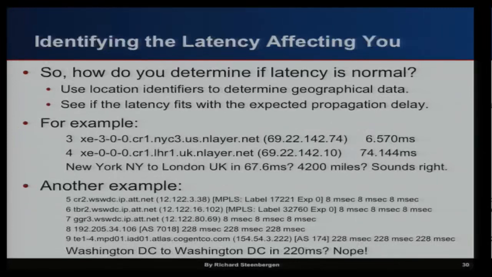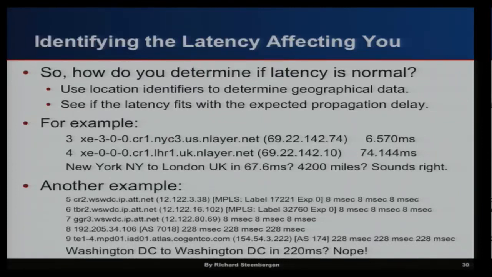So then the question becomes, how do you identify what latency is affecting you? You start by looking at location identifiers. You look to see if the routing is as expected and if it fits in the propagation delay. So here's an example of something going from NYC, New York, to LHR, that's London. There's a difference of 67.6 milliseconds, and that happens to be a 4,200 mile route.